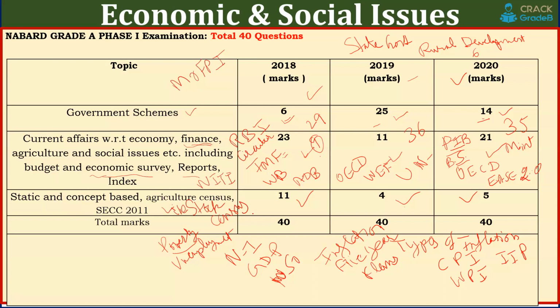Static part, and the interest subvention scheme is also very important. Kisan credit card and priority sector lending are also very important topics for this NABARD exam. Many times questions are asked, and you have to study financial institutions in detail, and NABARD also.